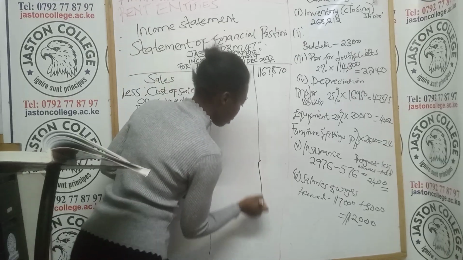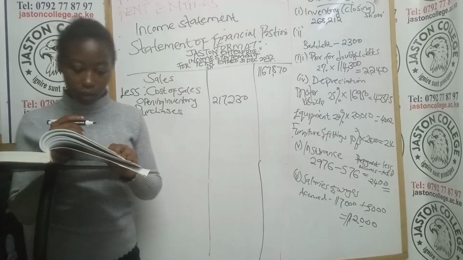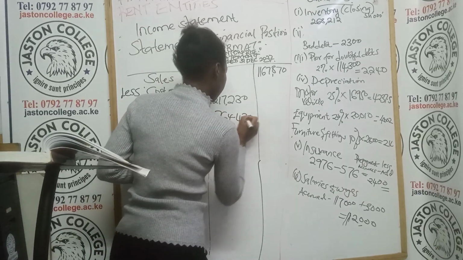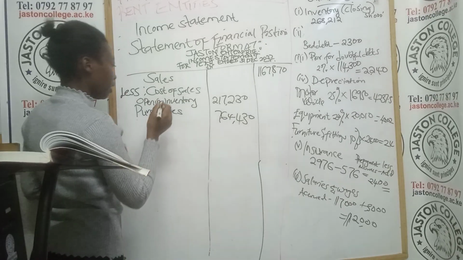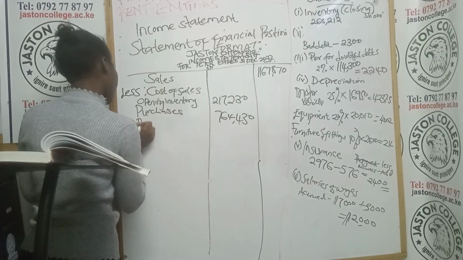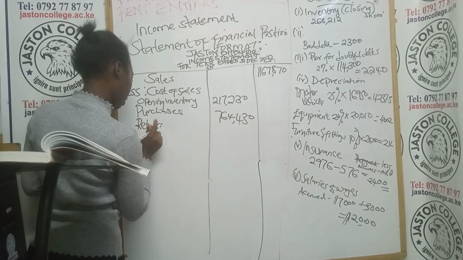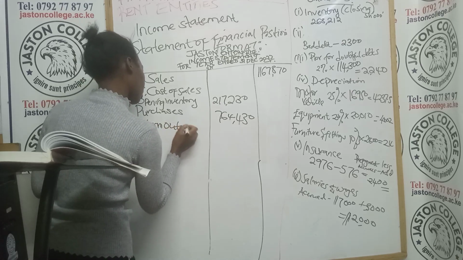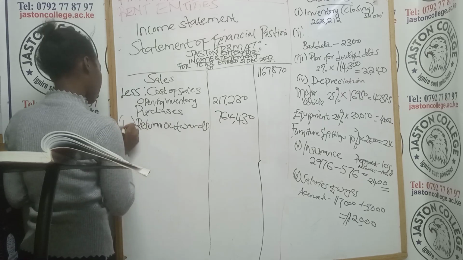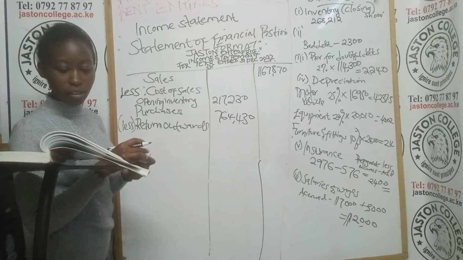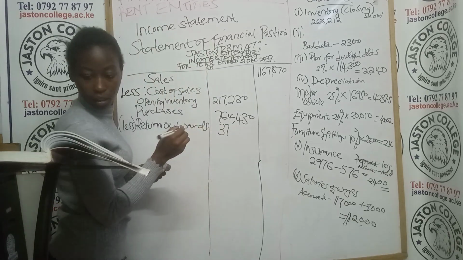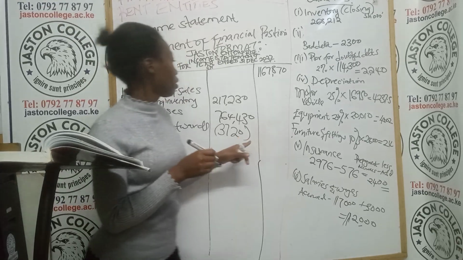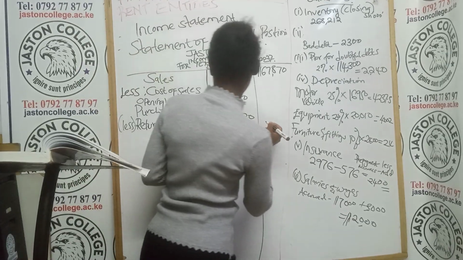Yes, we have our purchases over here, which is 764,030. We also have return outwards. This one we less return outwards, which is 3720. So from lessing this one, we get 760.